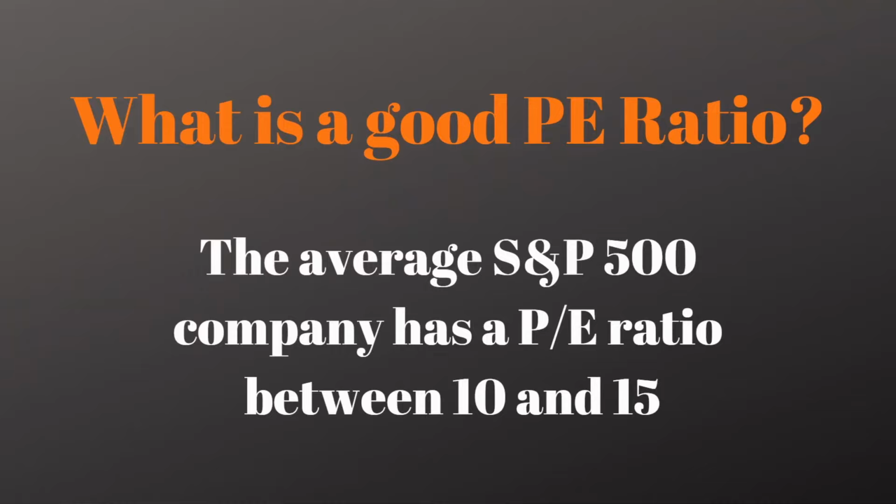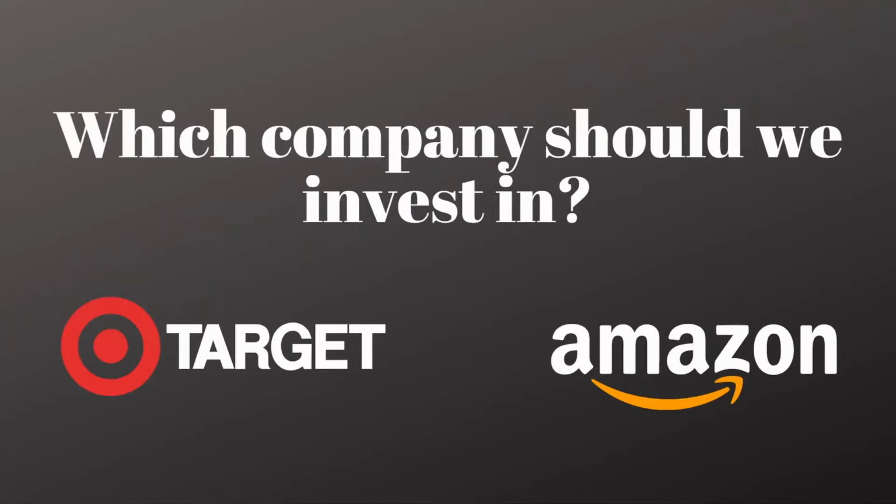So the most important thing is to not only compare two companies or compare a company within the industry, but also compare the company to its historic PE ratio. And I'll show you what I mean. So let's look at both Target and Amazon. Both of them are large cap stocks.